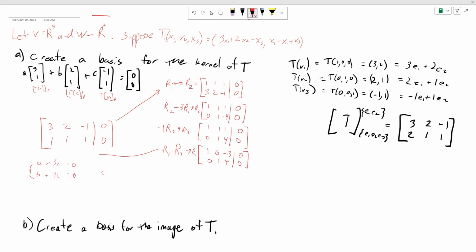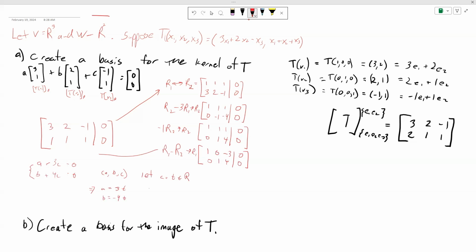And our solution vector is A, B, C. We're going to let C equal T, which is an element of the reals, because C is our free variable. A and B are my basic variables, and C is my free variable. This gives A equals 3T, and B equals minus 4T.